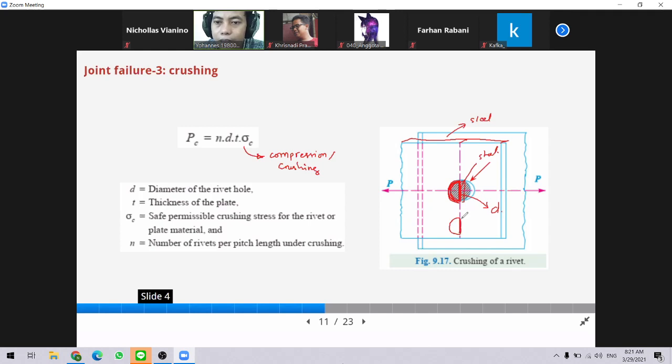This is the length and this is the thickness inside. So this is the crushing area. And this crushing area is the diameter multiplied by the thickness for a single rivet. If in a single pitch we have several rivets, N number of rivets, then put N here.